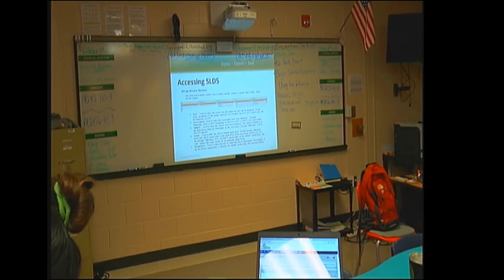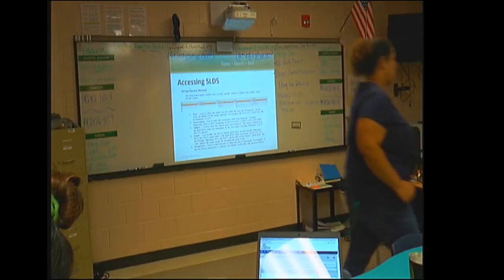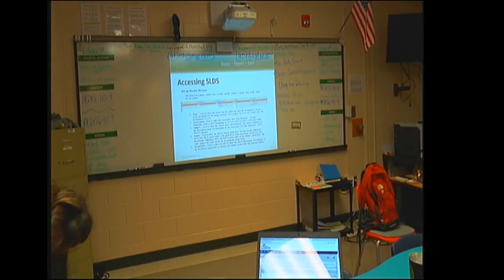I want to compare myself year to year, but I didn't see mine. Yeah, I'll pull that up. What is the measure, was it Milestones? Kids take Milestones every April. So the number that she's getting for me is the percentage of growth my kids had from their 5th grade year to the 6th grade year last spring. So kids who came into me in August of last year with whatever score.